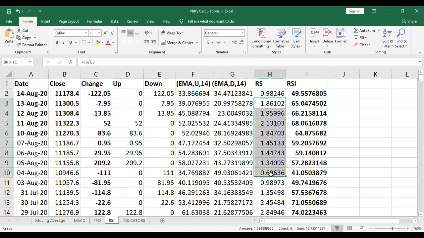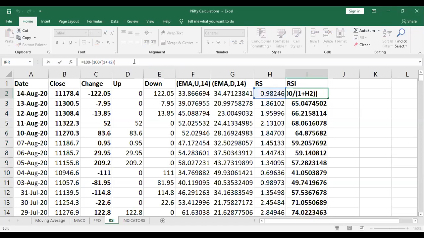Hence we got those numbers, but we want to convert them into a percentage, like 0 to 100. So we use another formula, that is 100 minus 100 divided by 1 plus the value that you want to convert into 100.